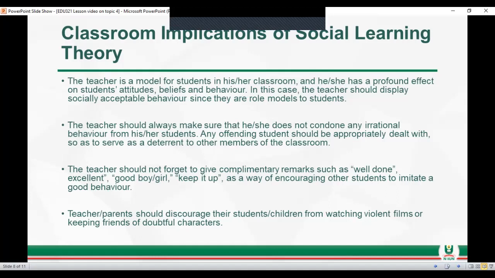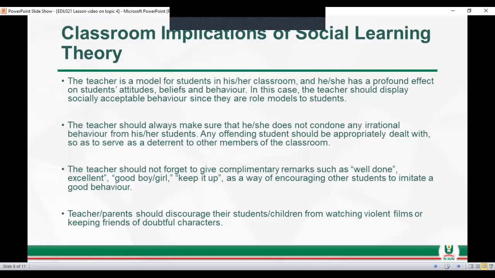Okay. So the teacher should always make sure that he or she does not condone any irrational behavior. Why? Because when you condone behaviors from students, those watching, who see their fellow students as models, might copy the same behavior and also act irrationally in the classroom.